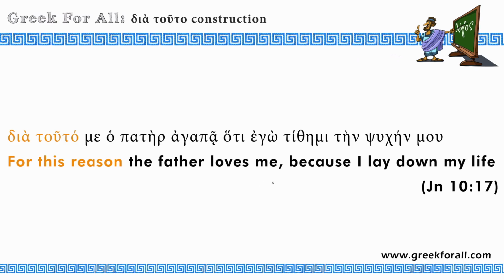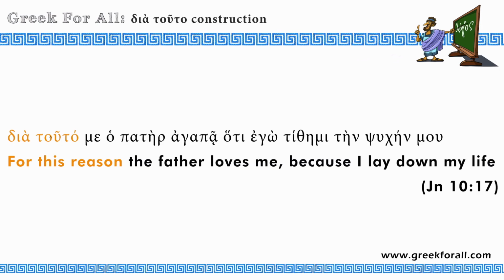And the final example we will review today is from the Gospel of John, chapter 10, verse 17. Let's read it. Dia touto me ho pater agapa hoti ego tithemi ten psychen mou. Translation, for this reason the Father loves me, because I lay down my life.